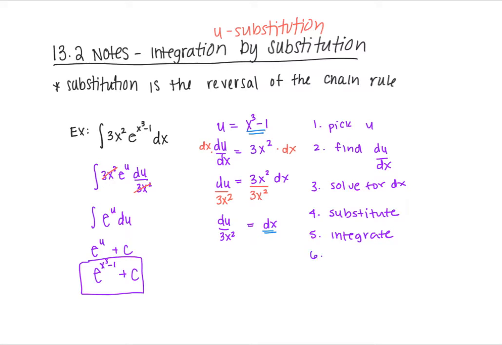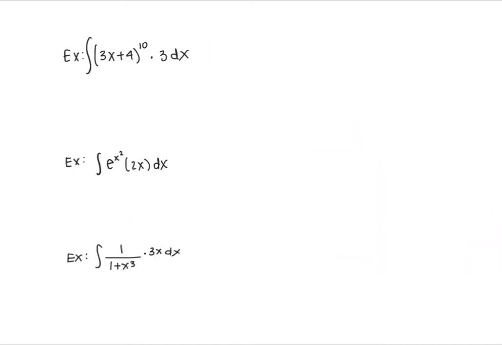And then substitute x back in. So we substituted to get rid of x, and then substitute back in to get rid of u. Get x back. Those are the steps for u substitution, and we're going to do another example on the next page.